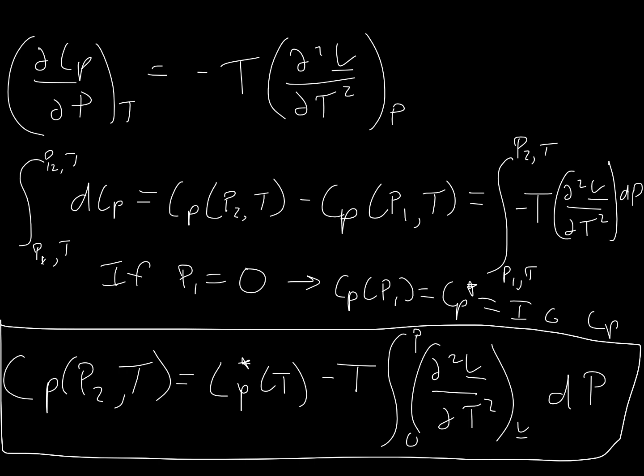But because U, S, and H are all state properties, we can choose a path that is much, much more pleasant. We don't have to choose this arbitrary path where we have to then determine what is the heat capacity at every point in real space. So instead, we are going to be a little bit more clever about it.